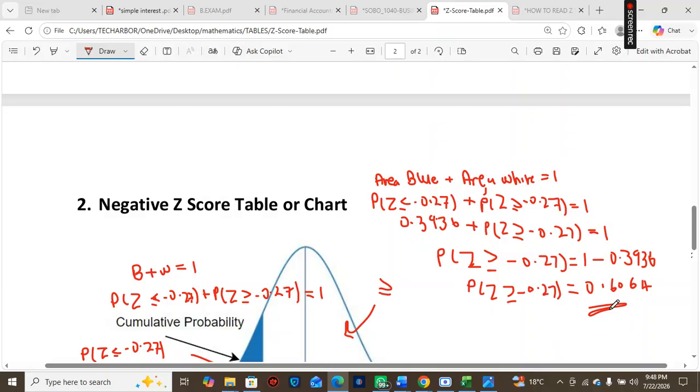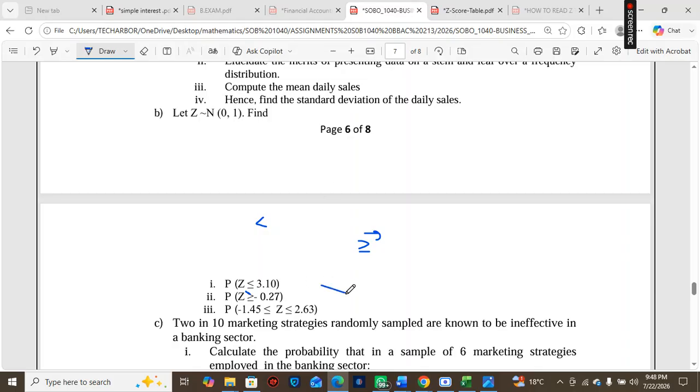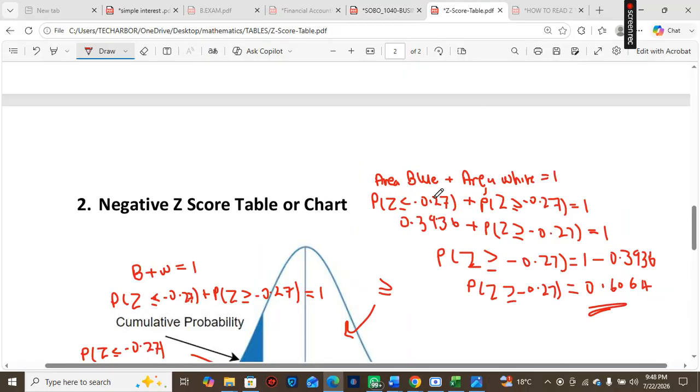So this all depends on what table you are using. If it's area to the left, like this table, and in the equation the sign is pointing to the right, then you know that you're going to need to get the area to the left and subtract it from 1 to get the area in white.